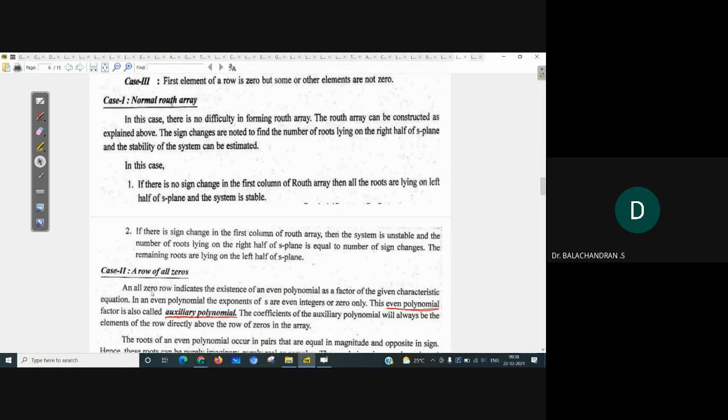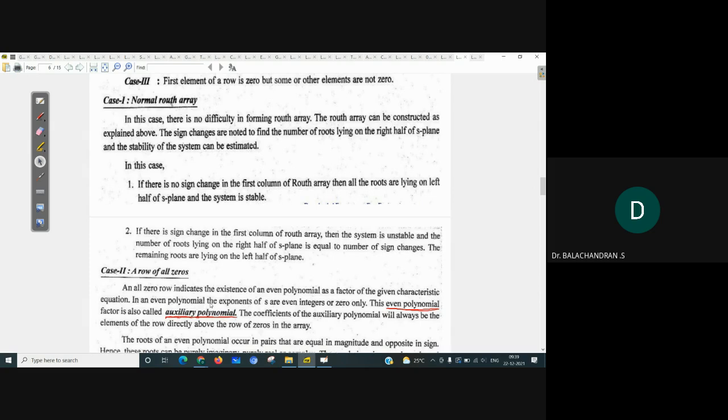An all 0 row indicates the existence of an even polynomial as a factor of the given characteristic equation.